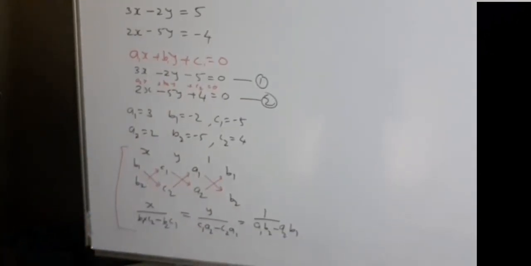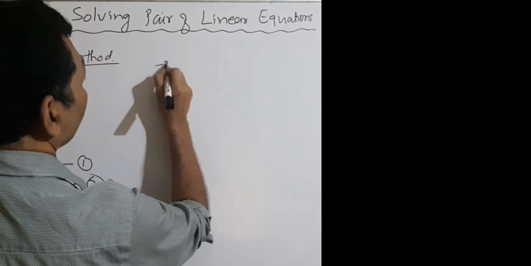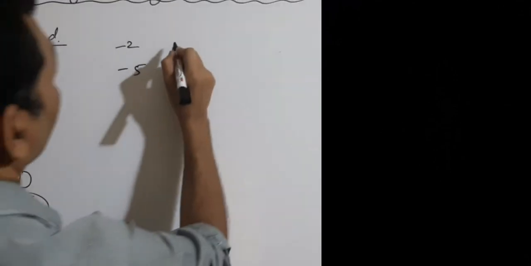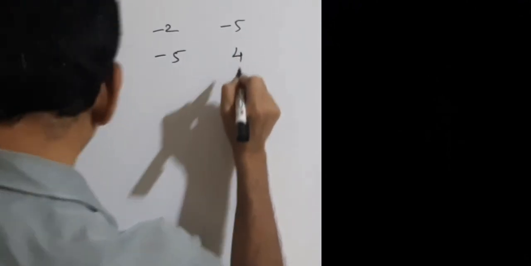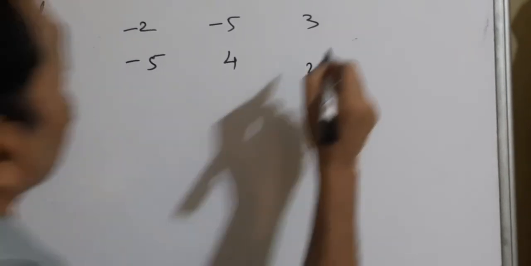Now I will show you with respect to this problem. Here b1, b2 will be minus 2, minus 5, then c1, c2 is minus 5, 4, then a1, a2 is 3, 2, and then again b1, b2 is minus 2, minus 5.